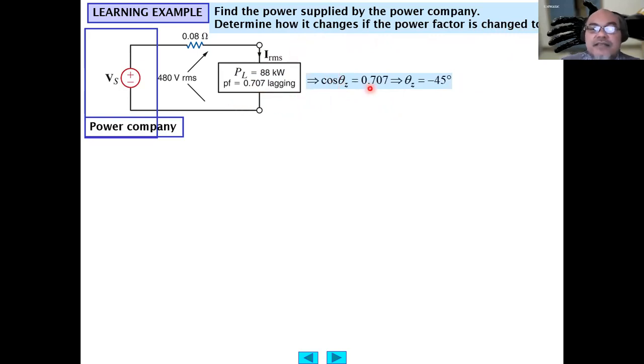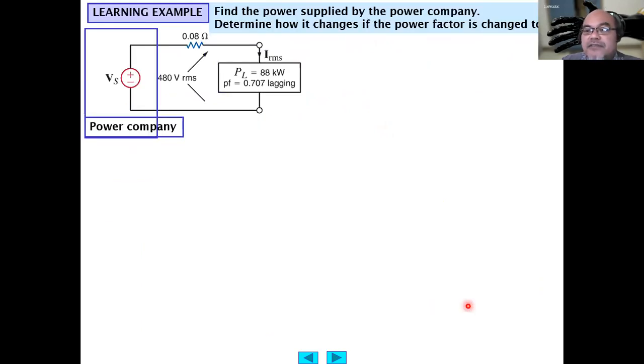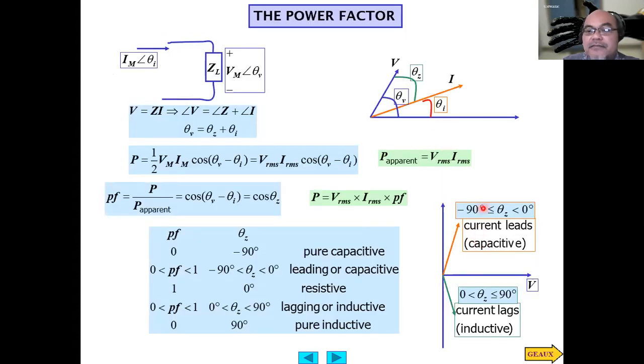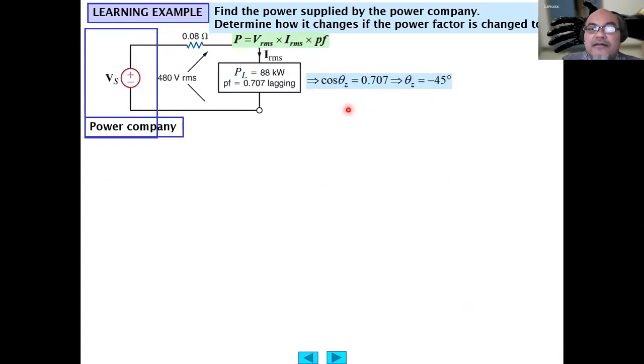So cosine theta Z equals 0.707. Since it is lagging, it means the current lags the voltage by the 0.707 power factor, so it is inductive. Theta Z is minus 45 degrees.